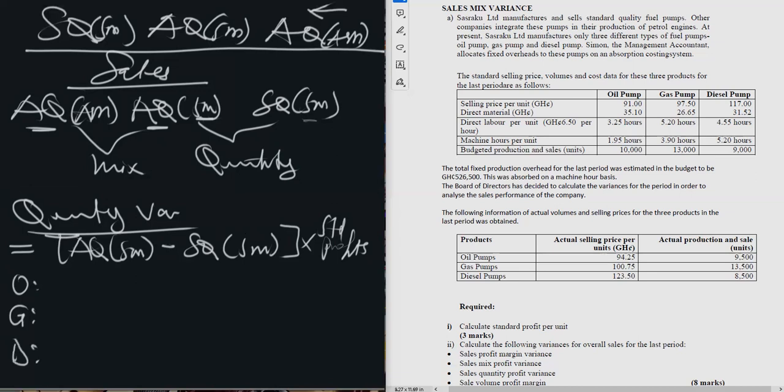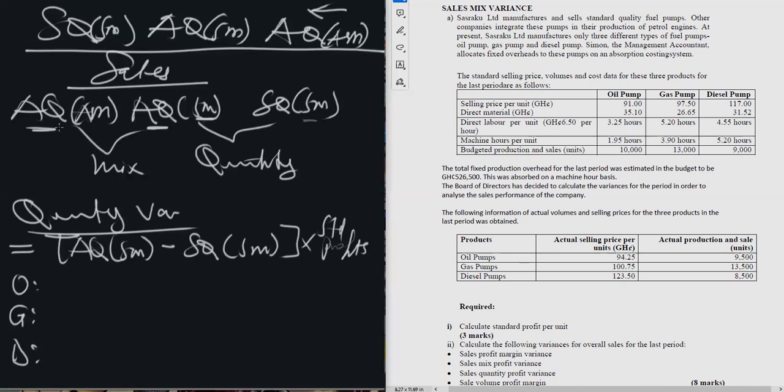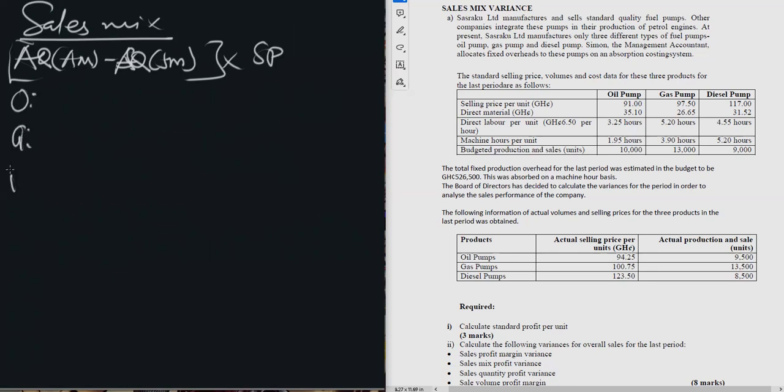Then you come to sales mix variance, you look at your formula, mix is between this and this, right? So that means you have actual quantity at actual mix minus our actual quantity at standard mix, times our standard profit. So you put there for oil pump, gas pump, and diesel pump.